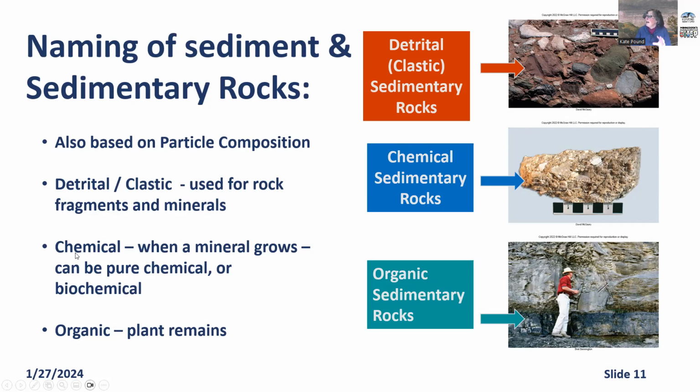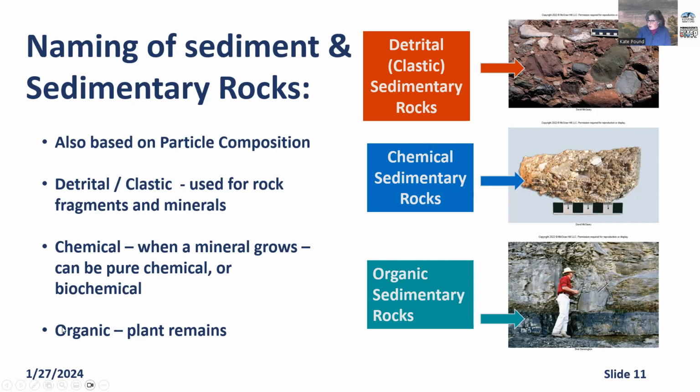Then there's our chemical sediment, and that's when we have a mineral growing. And this gets a little bit more interesting. Chemical sediment can either be pure chemical sediment, like the salt flats we talked about, the halite that might form there, or it could be formed by an organism making its shell, in which case we call it biochemical sediment.